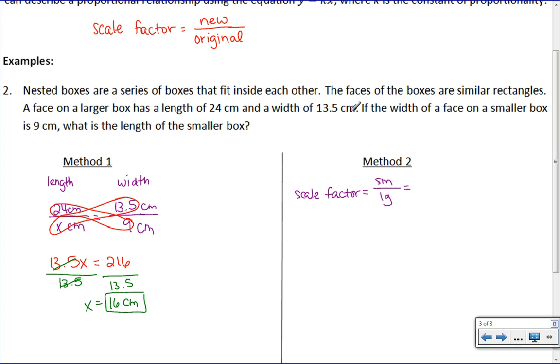So the width of the larger box is 13.5. That'll go on the bottom. And the width of the smaller box is 9. So 9 over 13.5. Okay. Now, when you divide these, you'll see on the calculator that it gives you a repeating decimal. You get 0.66666, and then of course the calculator rounds it off to 7 at the end.